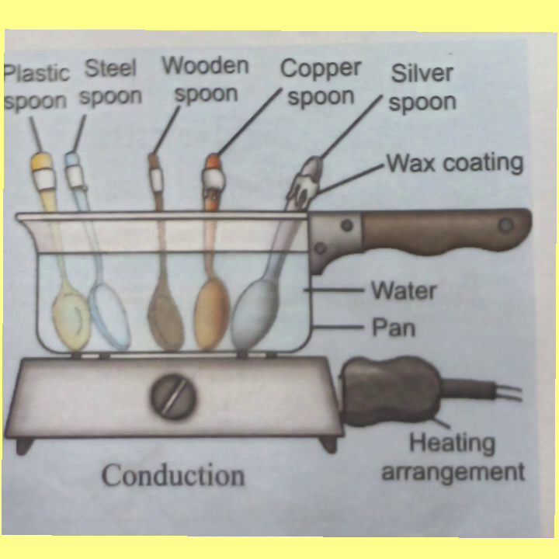After a few minutes, wax on the silver spoon melts first, wax on the copper spoon melts second, wax on the steel spoon melts third, wax on plastic and wooden spoons melt much later.